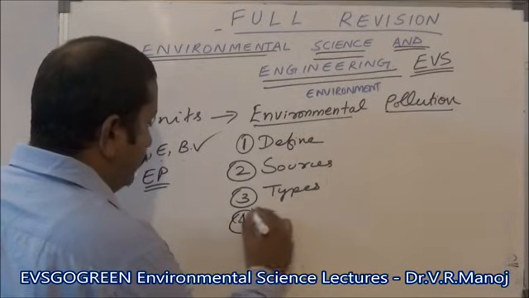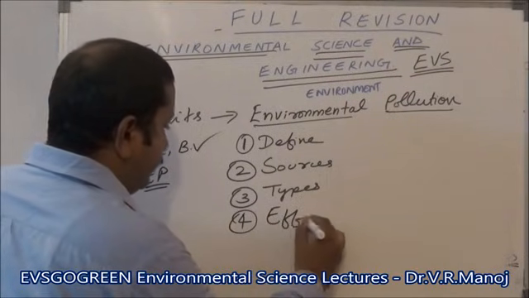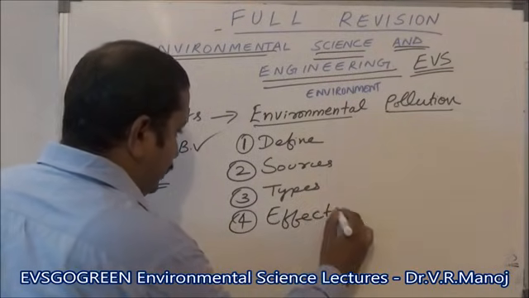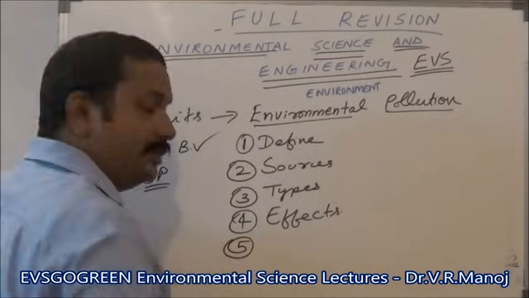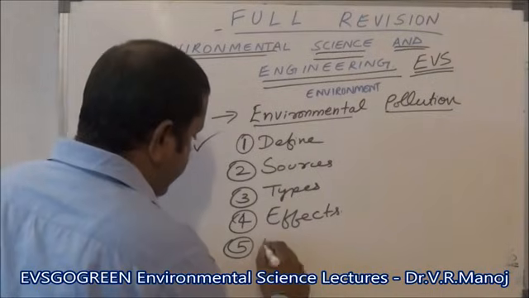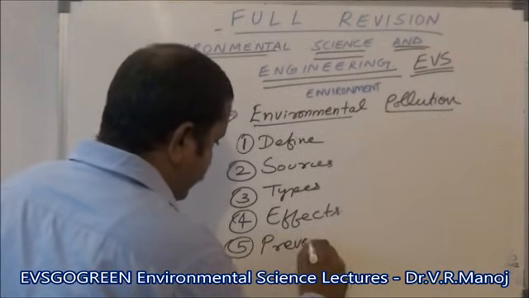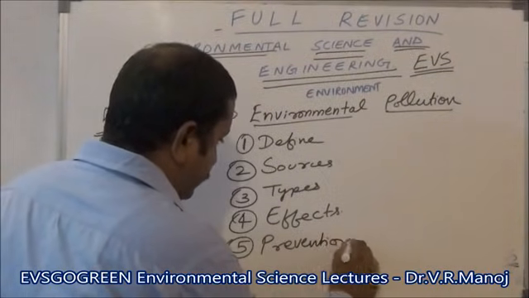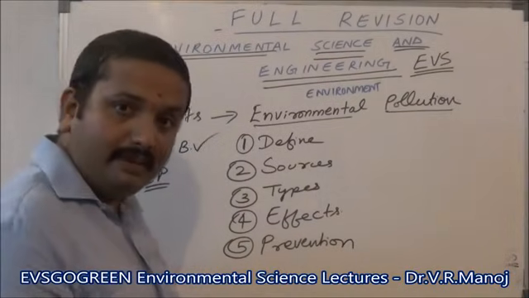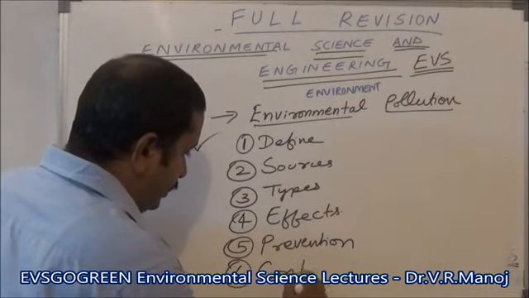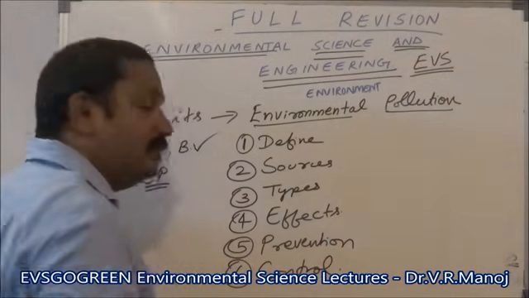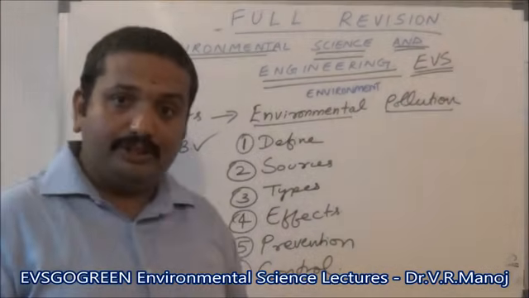Number 4, you explain the effects of the environmental pollution. Number 5, you talk about the prevention of the environmental pollution. And number 6, you talk about the control measures of the environmental pollution.